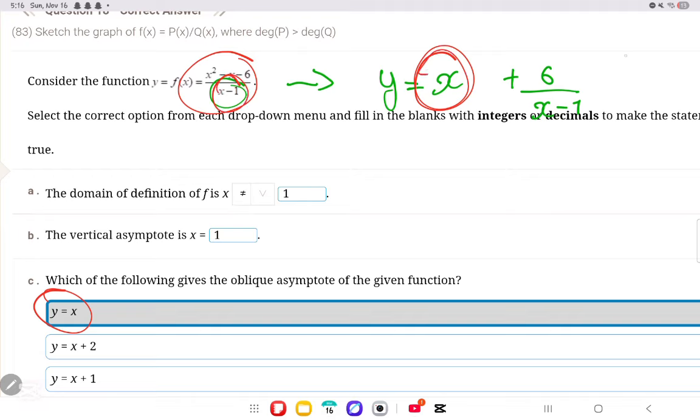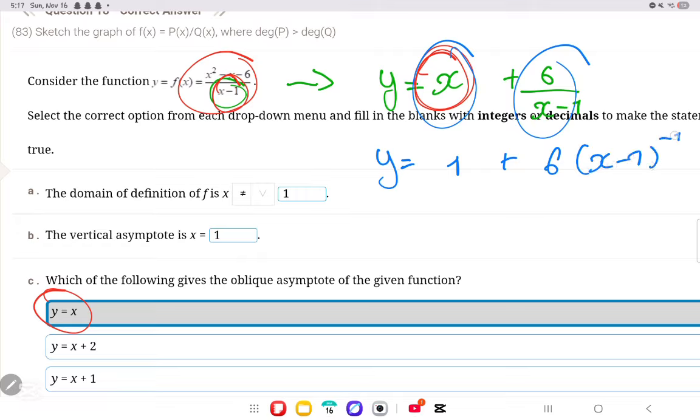Now I need to take the derivative of this. So y is equal to 1 plus 6 over x minus 1. You can bring it up, so 6 times x minus 1 to the power of minus 1. When you do the derivative, it's going to be minus 1, x minus 1 to the power of minus 2, times the derivative of inside, which is 1.